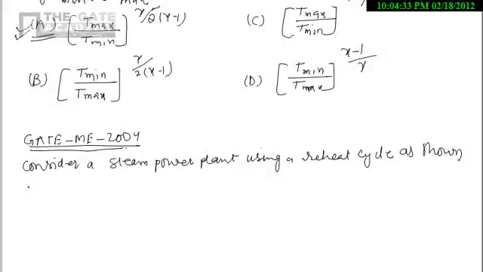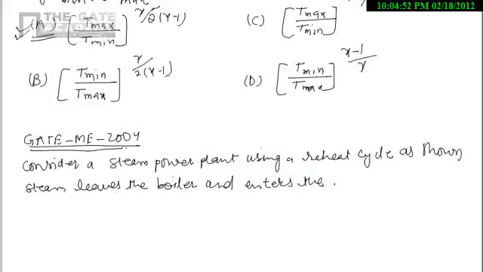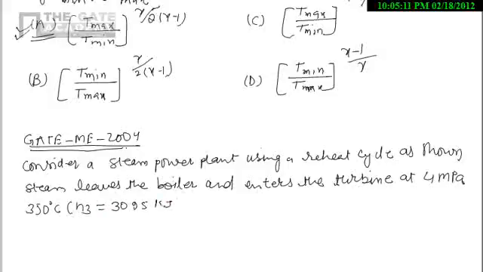Steam leaves the boiler and enters the turbine at 4 megapascal, 350 degrees centigrade. H3 is given as 3095 kilojoule per kg.